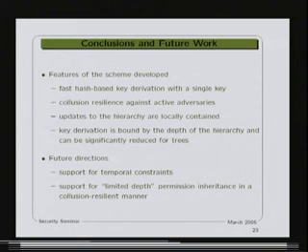All updates to the hierarchy are handled locally. They do not affect any other part of the graph, and the key derivation is bound by the depth of the graph, but can be significantly improved if you use efficiency improvement techniques.